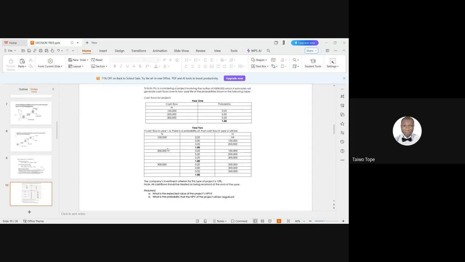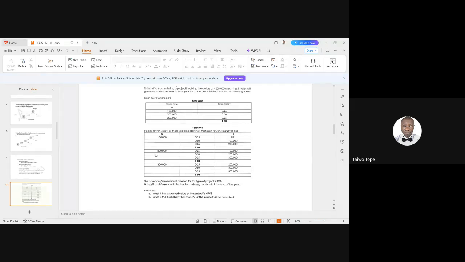This is an extension of the chance node of 100. So in relation to the 100,000 naira inflow in year 1, you have a further extension of 3 likely chances: nil, 100, 200. Regarding 200,000 in year 1, it is likely to put forth an inflow of 100 with associated probability of 0.2.